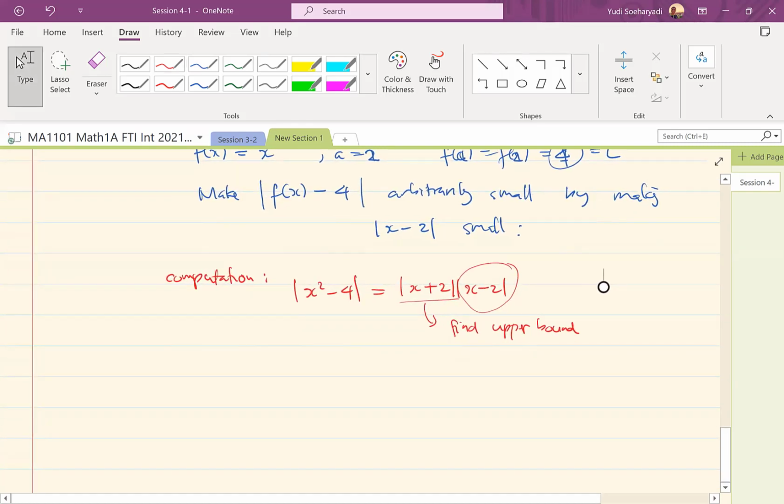Okay, let x minus 2 be less than, say, 1/2. So we are working in between 3/2 and 5/2.